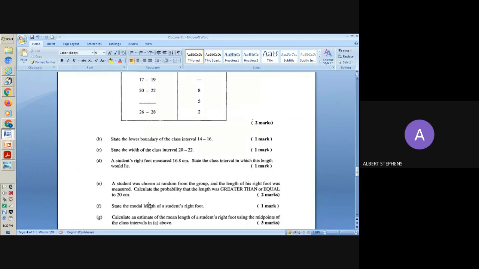Class, not true? Because it says 8 students measure between 20 and 22. But if you read it, it says state the modal length. That's going to be very difficult because out of the 8, we don't know how many are 20, how many are 21, and how many are 22. So there's a flaw with this question here. So this should be modal what? Class. So the modal class would be what? 20 to 22. All right.